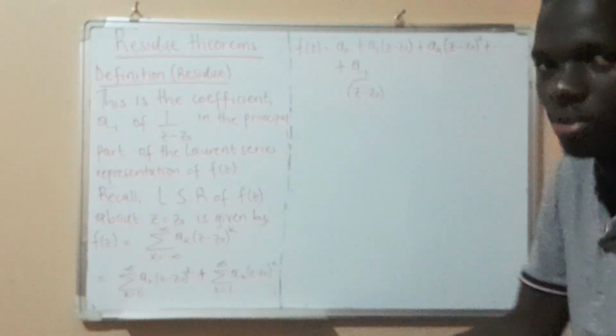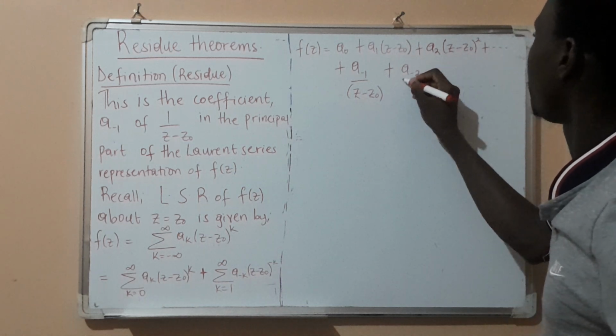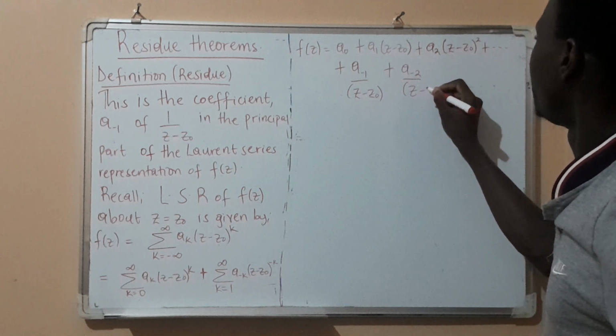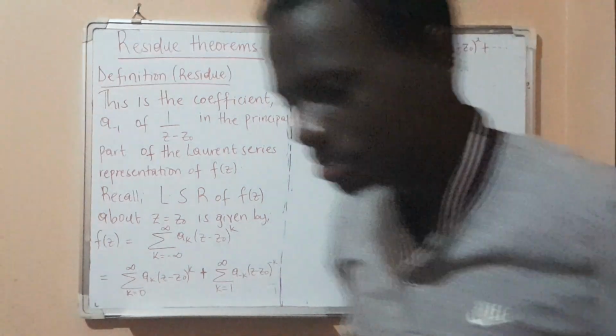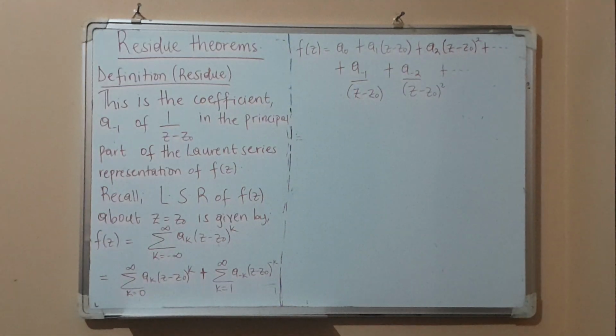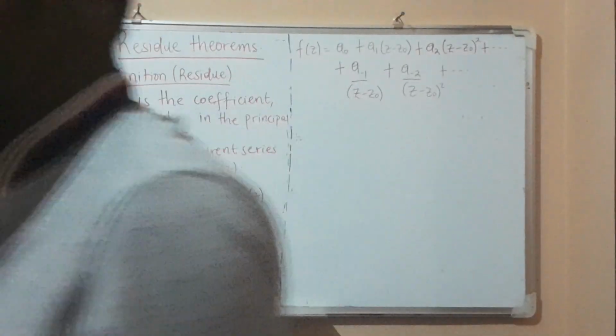This is a negative power, so it goes down. Then plus a -2 over (z minus z naught) squared, plus. In some books, by the way, these coefficients a -1, a -2 are denoted as b1, b2.